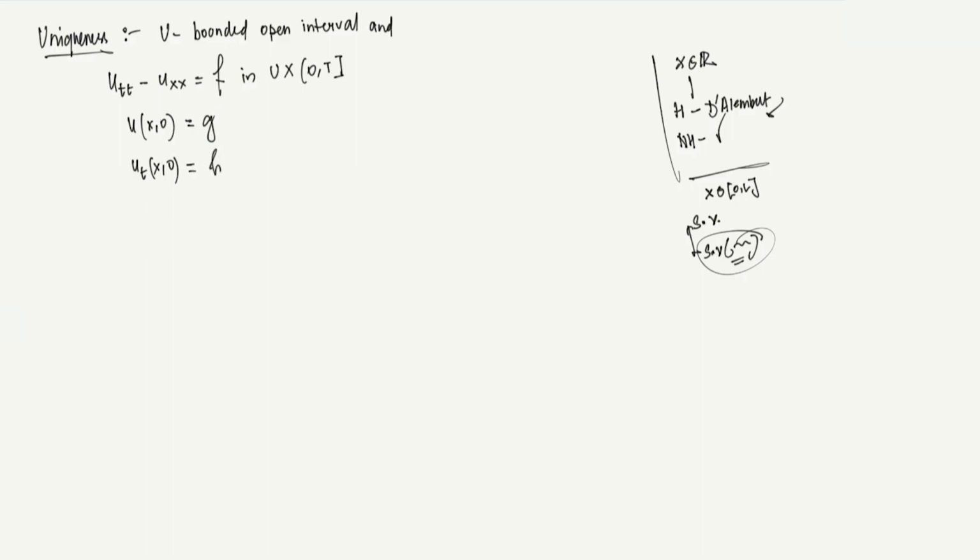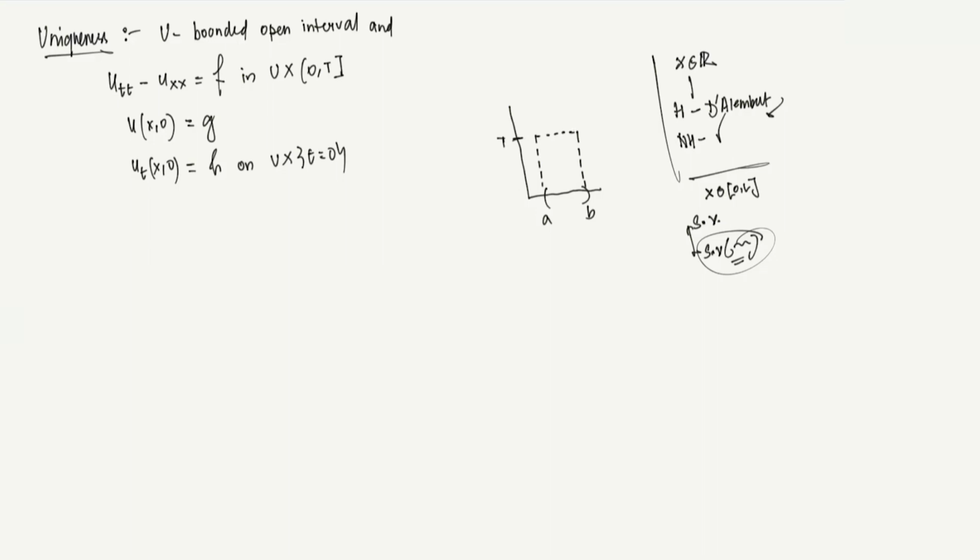This is on U cross {t = 0}. So what is happening here? Let's say your U is the open interval (a, b). Clear? So we are looking at this interval. Not interval, but basically this region. Let's say this is your capital T. This is the region we are interested in.